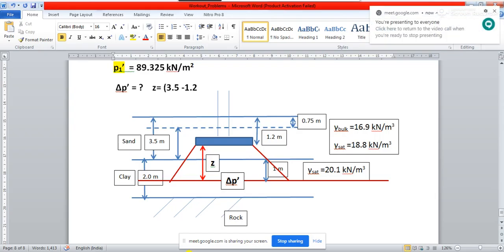So let me go back again. So z is equal to 3.5 minus 1.2. So you have understood this is 3.5 and the depth of the footing is 1.2.